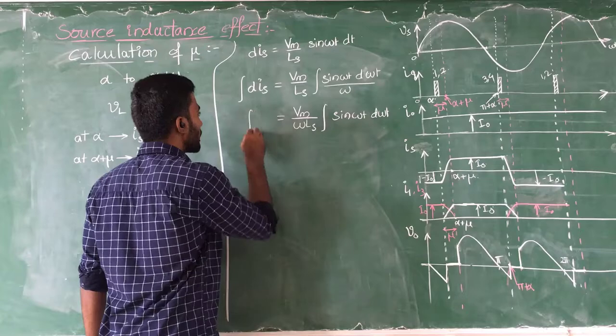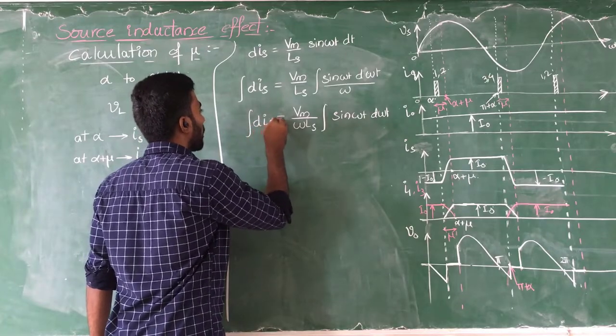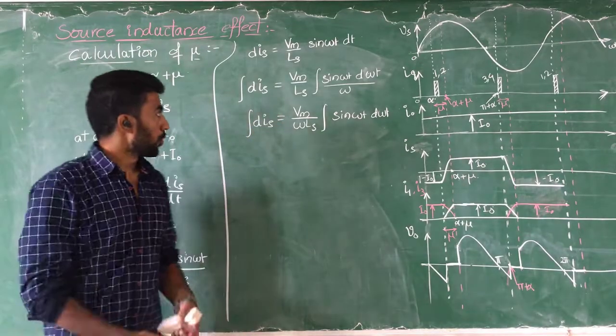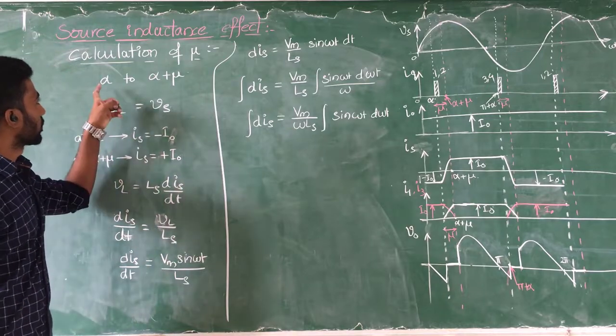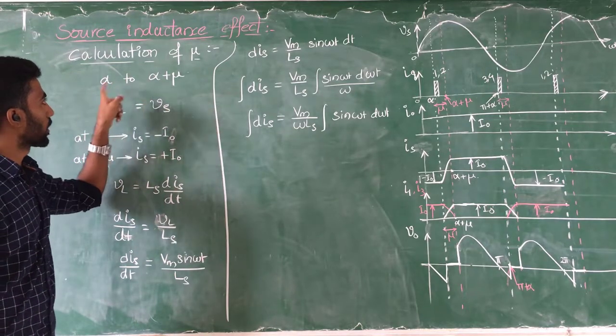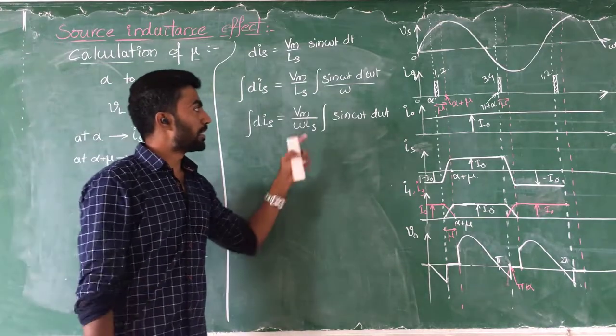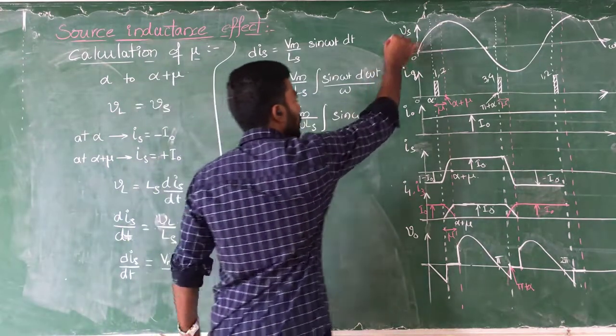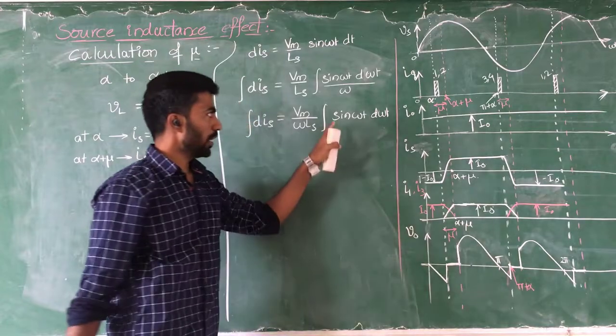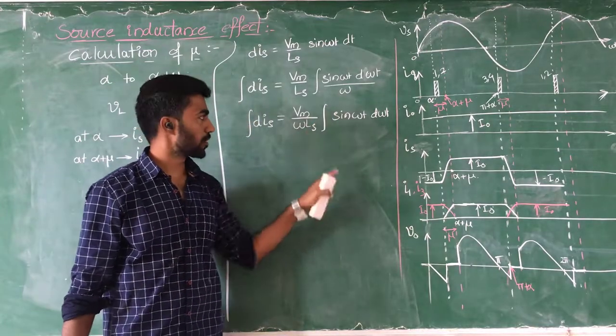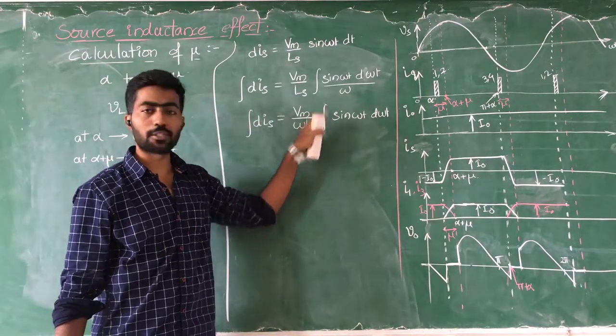So this is integral dis. Now we are calculating this angle within the duration from alpha to alpha plus mu. Let's apply limits for this integration, from alpha to alpha plus mu.